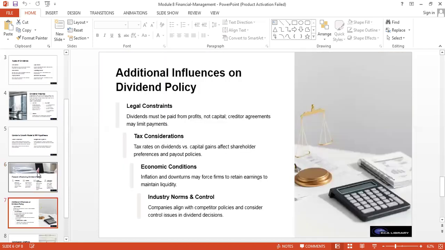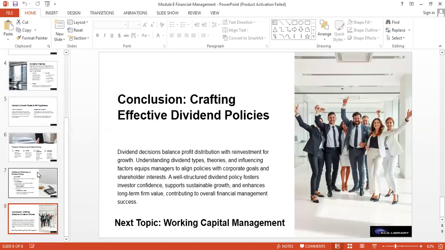We also have other factors that influence the dividend policy, such as legal constraints, tax considerations, and economic considerations, where inflation and downturn may force firms to retain earnings to maintain liquidity. And lastly, industry norms and control. This talks about how the company aligns with competitors' policy and considers control issues in dividend decisions.